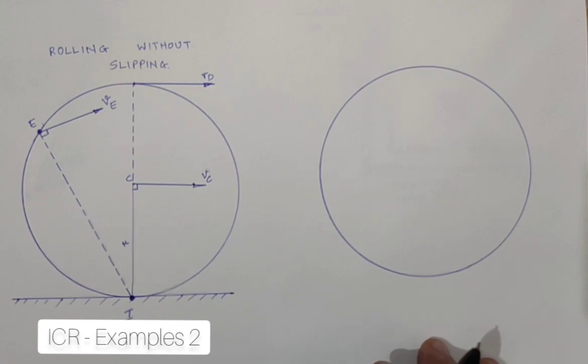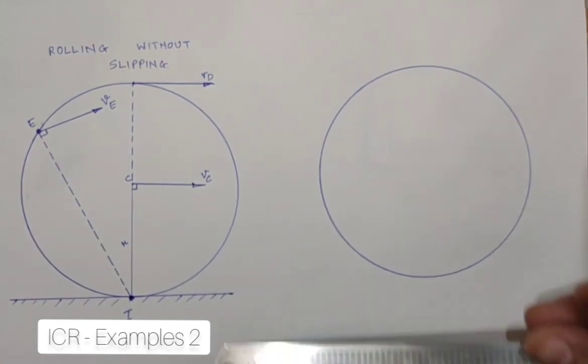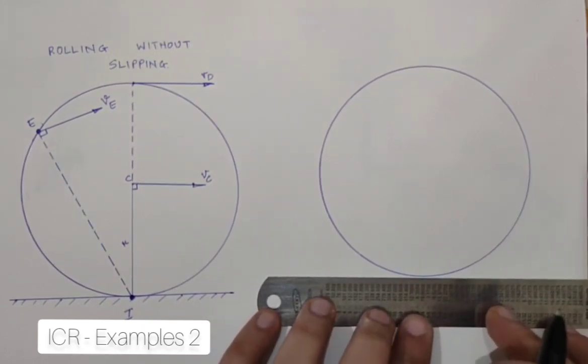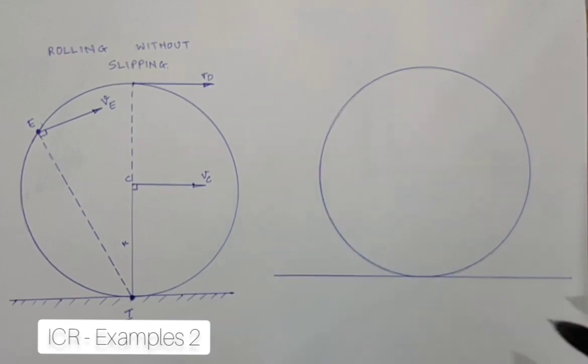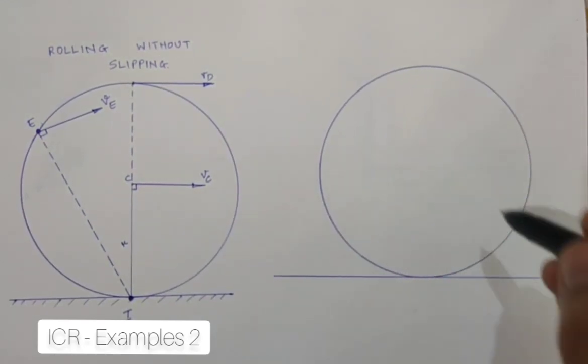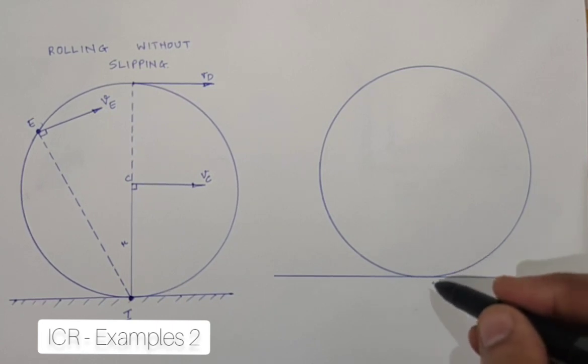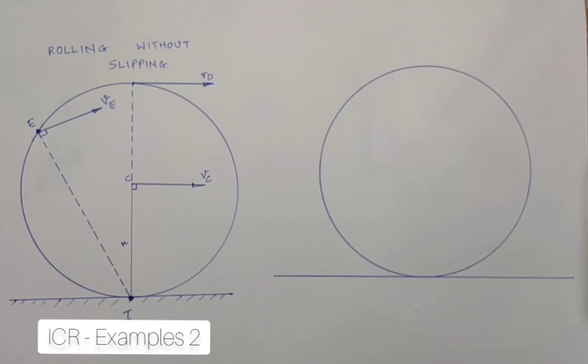Now we'll go next to rolling with slipping. In such a case, I may have a horizontal surface over here, and the roller is rotating around its center, no doubt, but at the same time it is also moving along the horizontal surface.